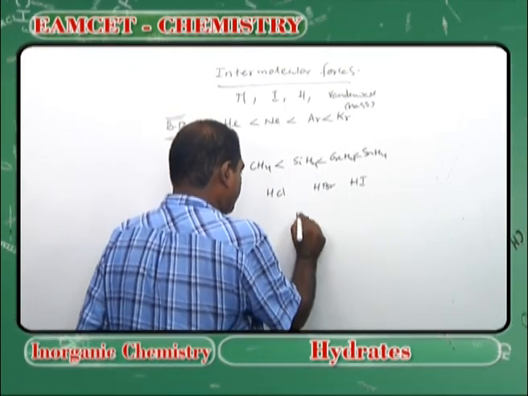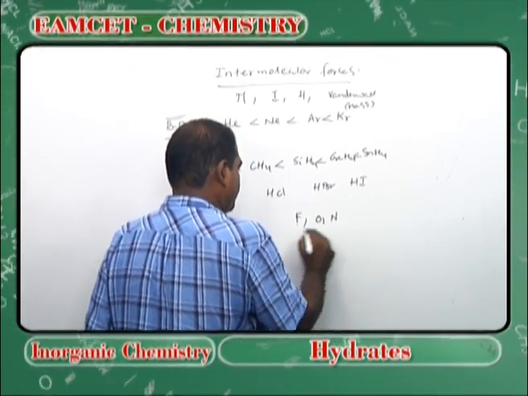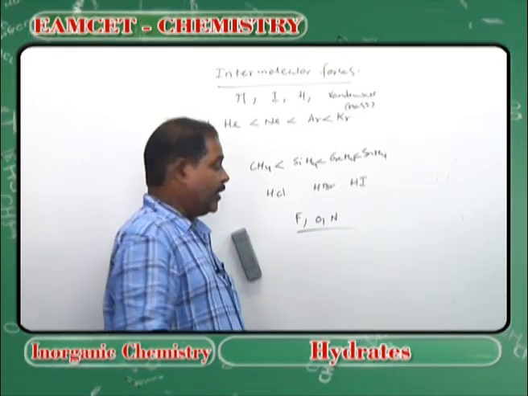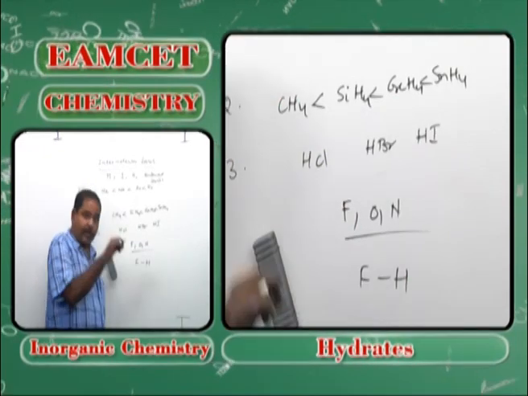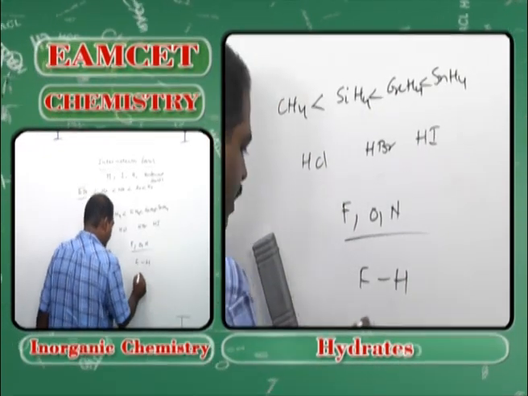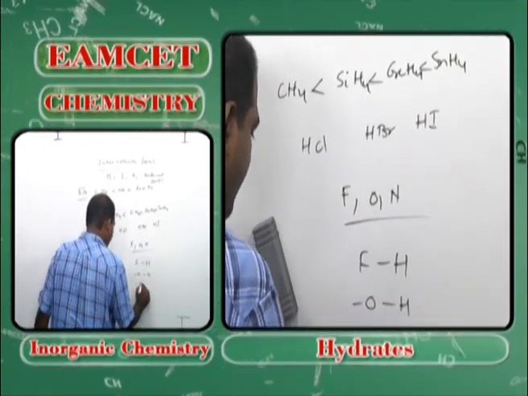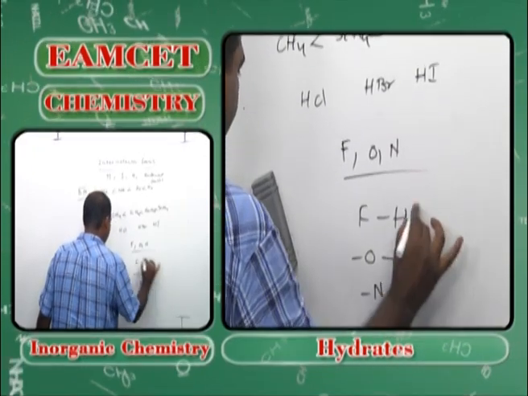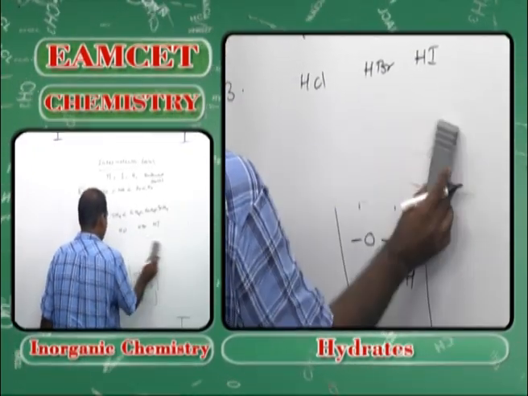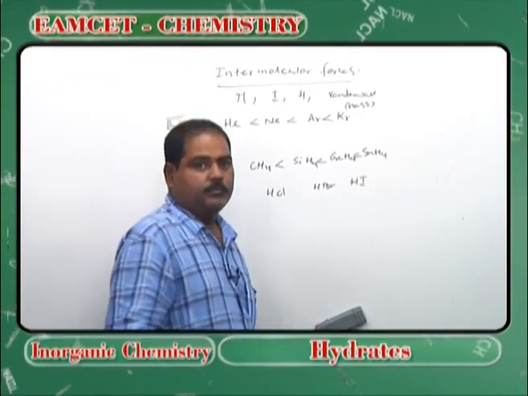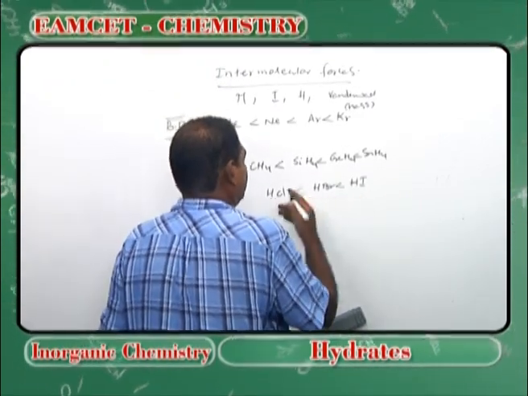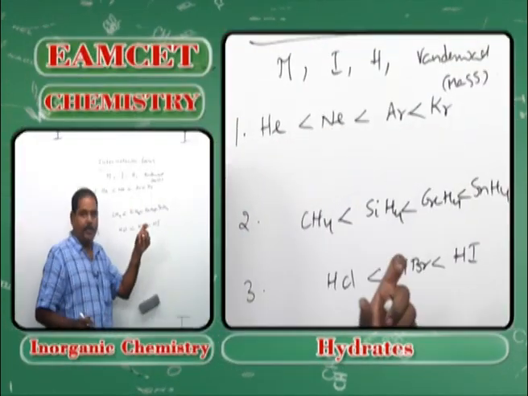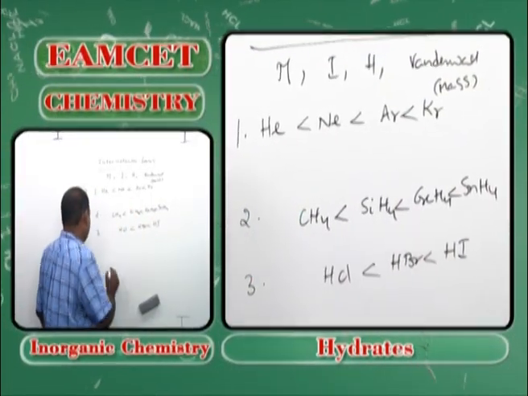No. Hydrogen bond is there only when fluorine, oxygen, nitrogen are there, and hydrogen is attached to them: FH bond, OH bond, NH bond. These 3 are a must for hydrogen bond. Now only mass, there is nothing else to compare. Only mass is the tiebreaker. Molecular weight of HI is more.